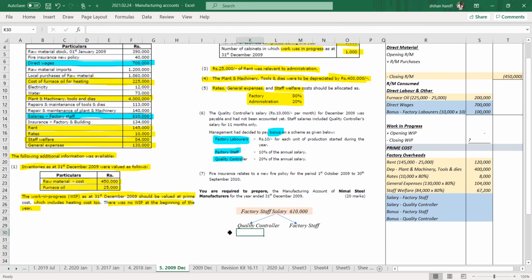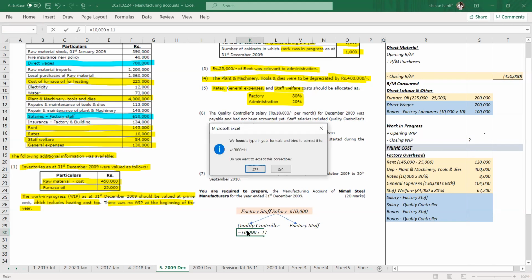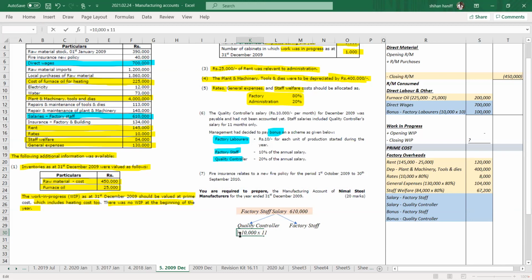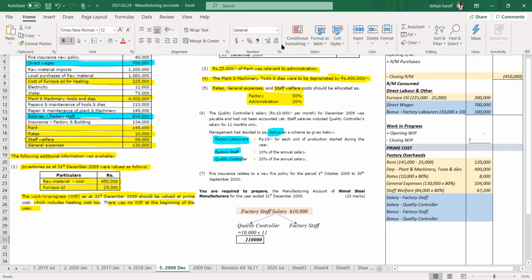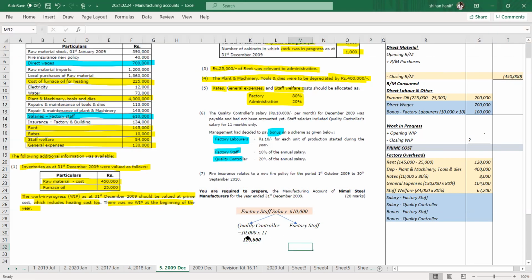Then out of this, quality controller's 11-month salary is given. 11-month salary means each month he gets 10,000. Salary is 110,000. Right, so this 610 includes 110,000, which is 11-month quality controller's salary.